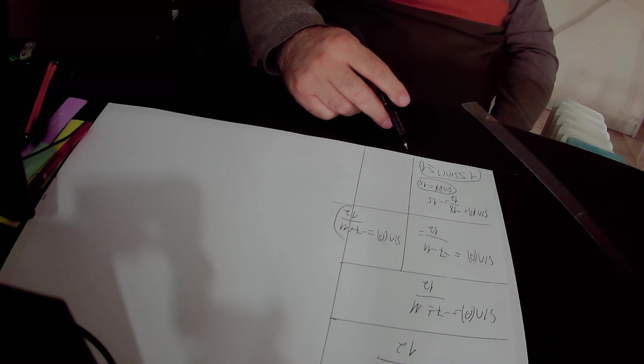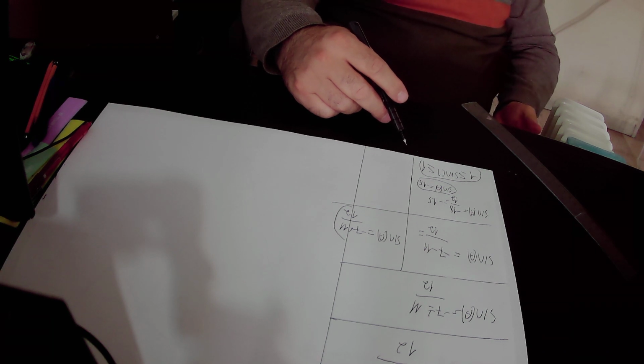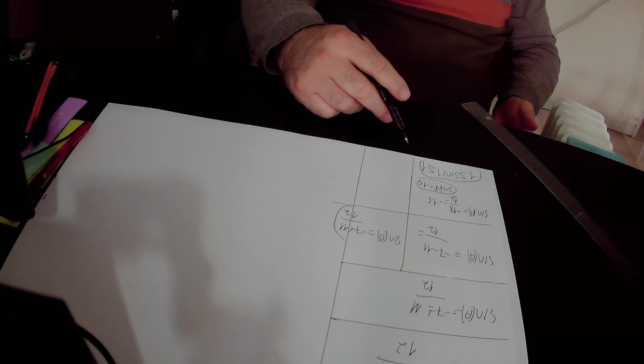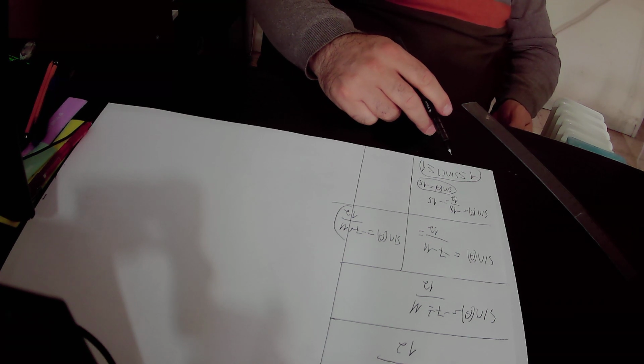Therefore this solution is not correct, because it exceeds the range of the values that sine theta can accept. Sine theta can accept values that are smaller or equal to 1 and greater or equal to minus 1.